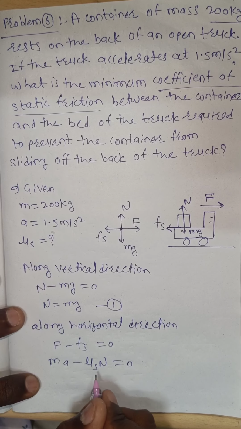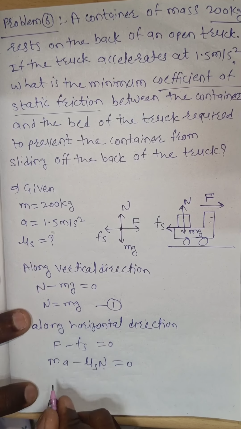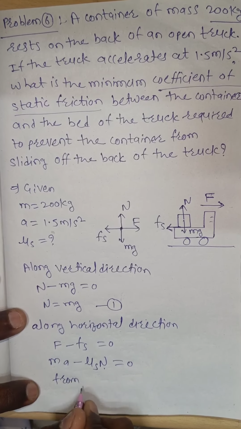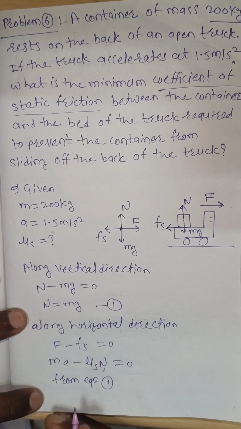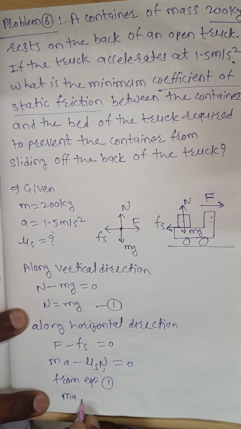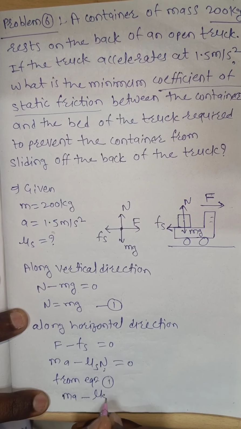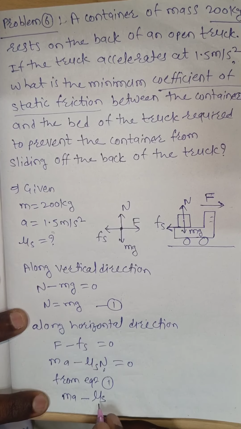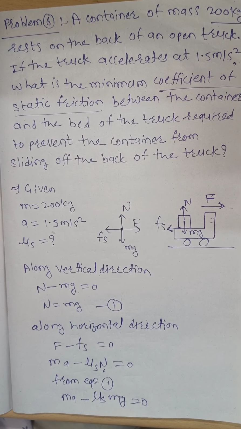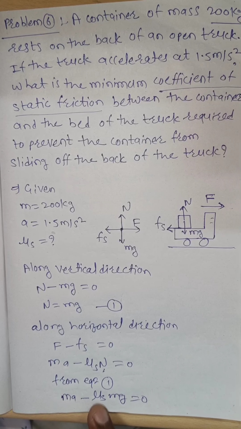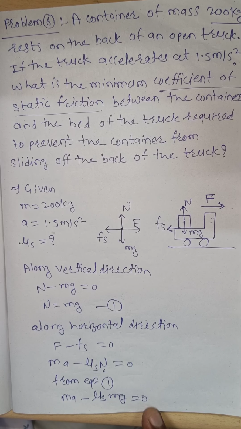Therefore we have to substitute all those values. From equation 1, N is equal to mg, therefore m into a minus mu s into mg is equal to 0.